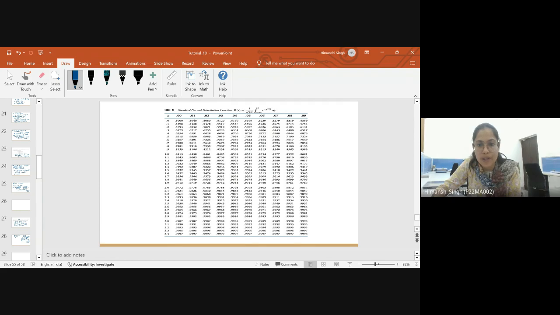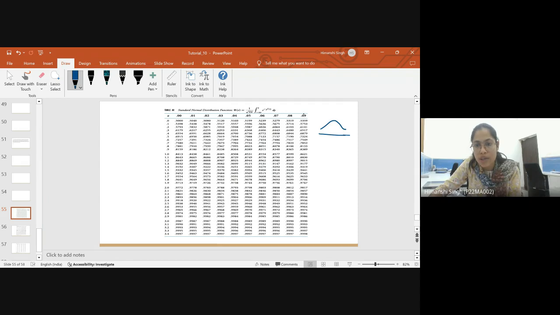If I have the standard normal curve, with this point x, the areas given in the table are the areas on the left hand side of the point. Such points x are given in the table such that the area on the left hand side is this.